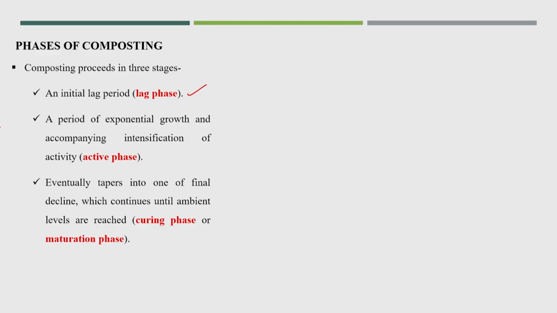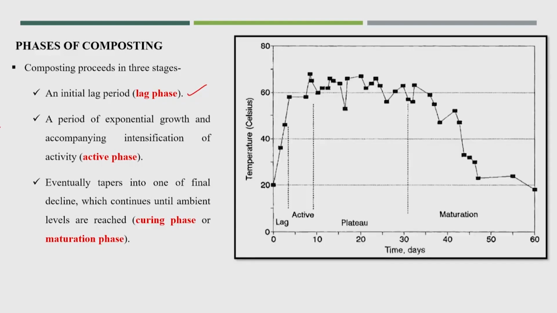Finally the curing phase or maturation phase, where the temperature tapers into a final decline, which continues until the ambient temperature is reached in the composting mass. So, this is the lag phase, this is the active phase, and finally the maturation phase.